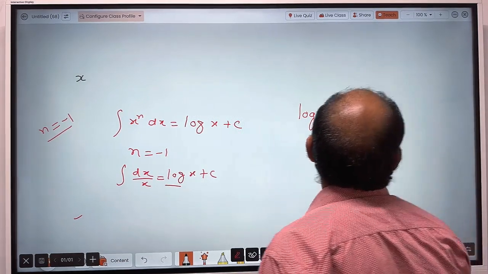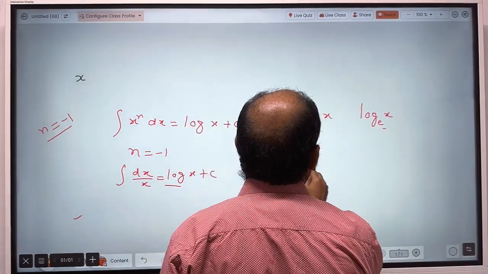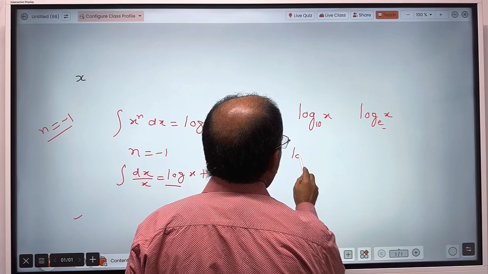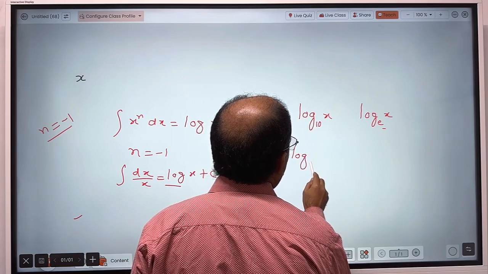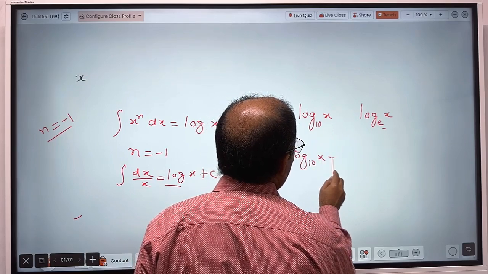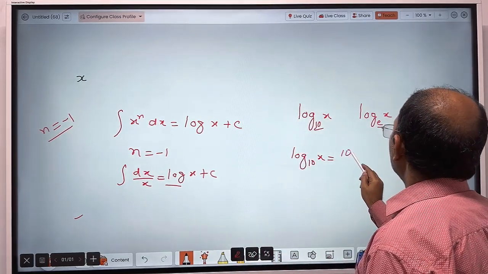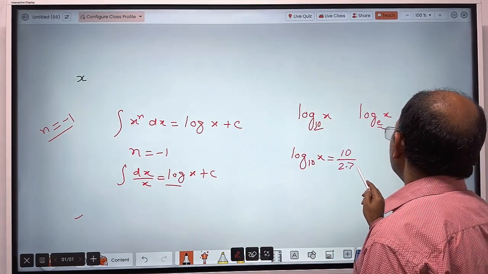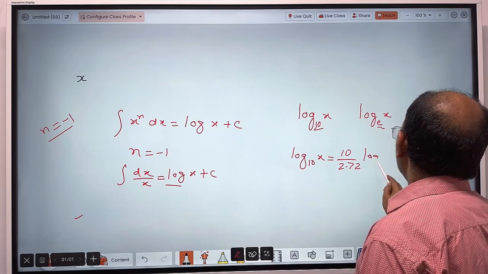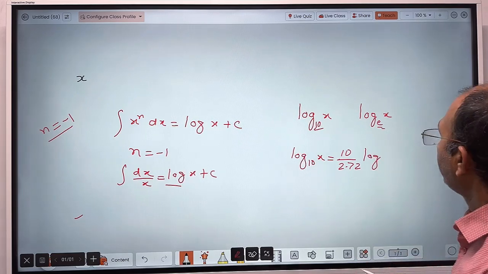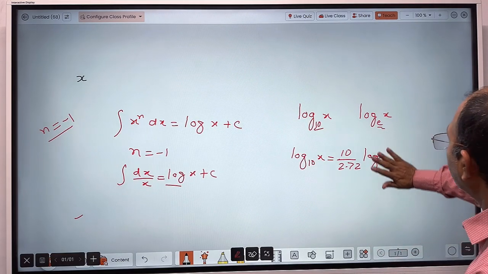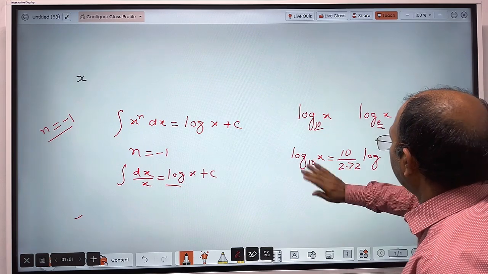Now, how are these two related? Here, if we write log base 10 of x, it will be just 10 divided by e, 10 divided by the value of e, 2.72. Sorry, I've written it just opposite.